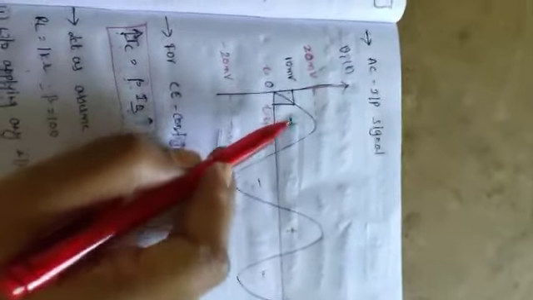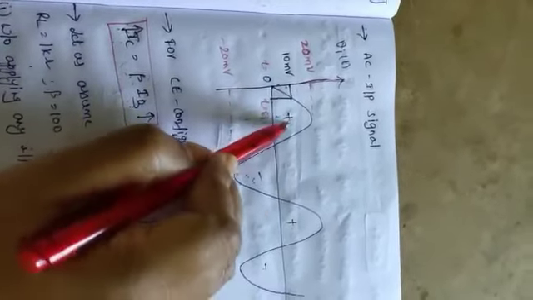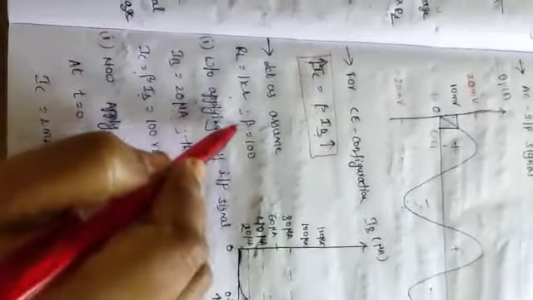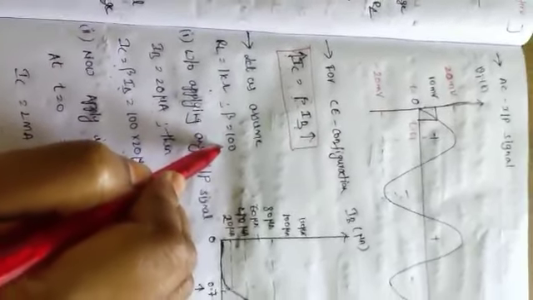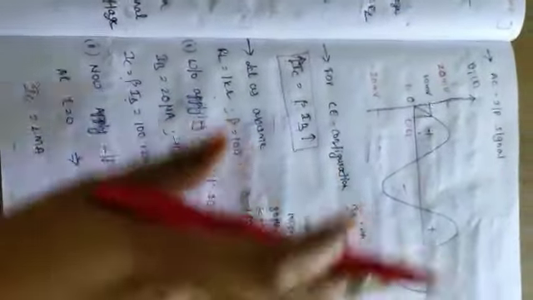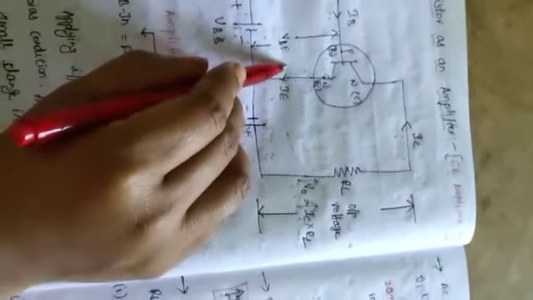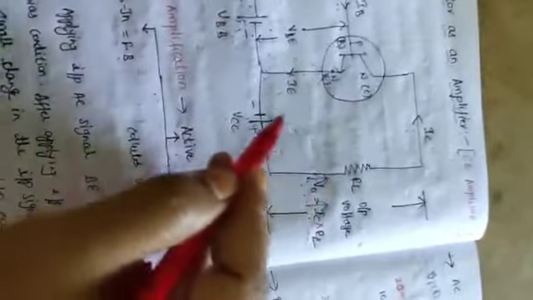Here I have taken a 40 millivolts peak to peak input signal Vi of t. Let us assume our resistor RL equals 1 kilo ohm and beta of the transistor is 100. Without applying any input signal, because of this VBB and VCC battery, the transistor is already in the active region. So assume IB equals 20 microamperes because of battery VBB.